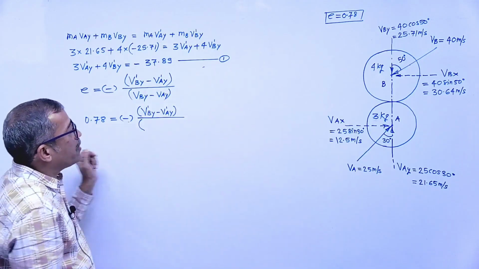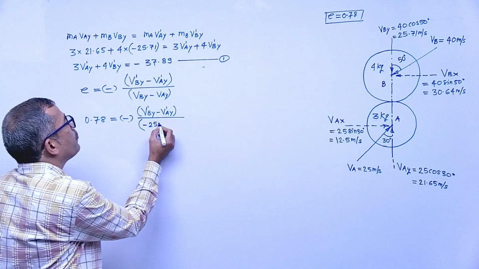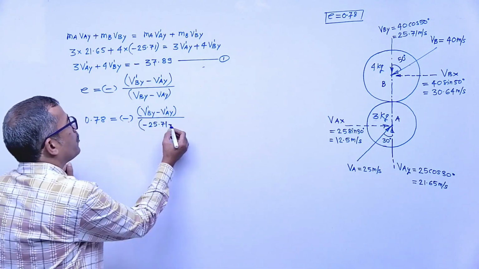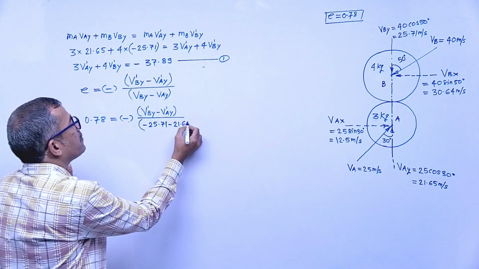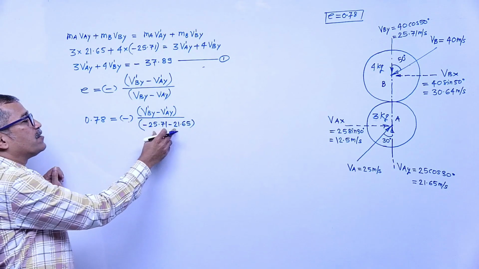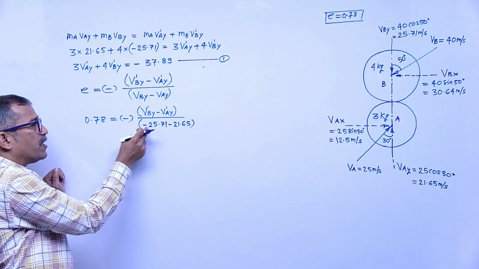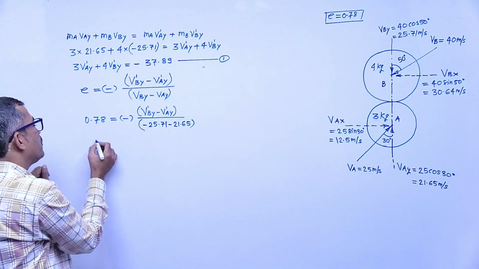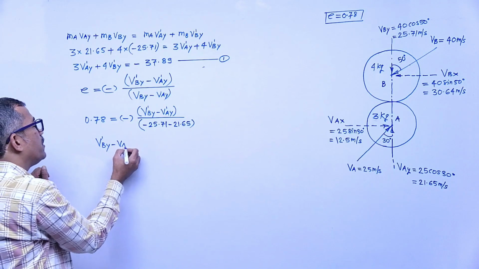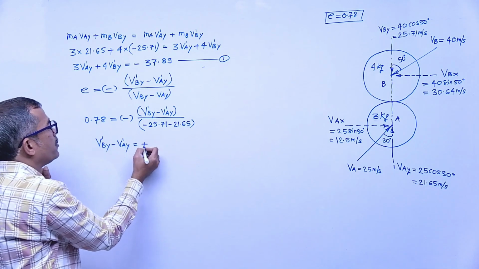VBy is downward, therefore negative: 25.71 with minus sign, minus VAy, 21.65. So this minus will add, 47 point something. Minus minus plus, means VB dash y minus VA dash y equal to, find out this value, positive we will get, right?